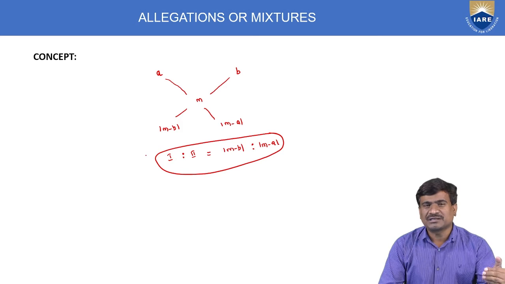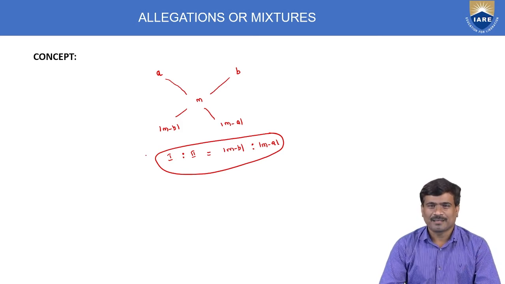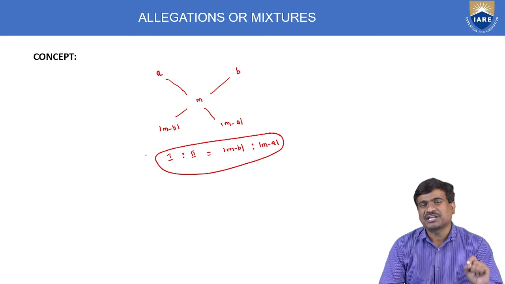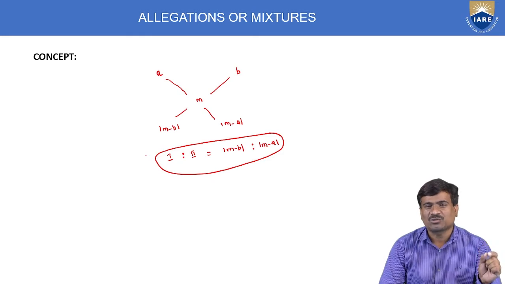Negative values do not exist, so apply the modulus symbol. Next, using the above ratio, calculate type 1 variety quantity A, type 2 variety quantity B, and also the mixed quantity. This type of question is important in the allegation topic.